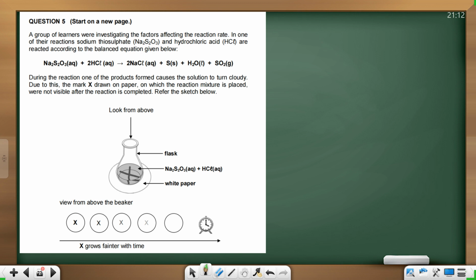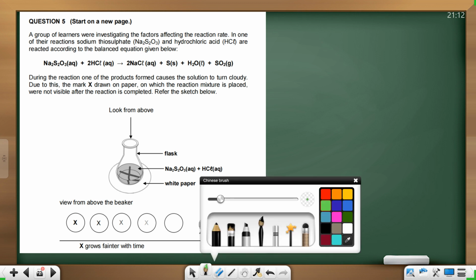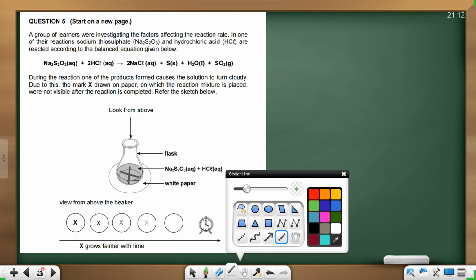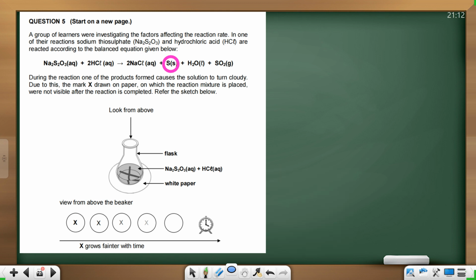Always use the phases to guide you to what's happening. That's a solid there, so we are talking about a precipitate being formed. During the reaction, one of the products formed causes the solution to turn cloudy. Due to this, the mark X drawn on paper on which the reaction mixture is placed was not visible after the reaction is completed. Refer to the sketch.